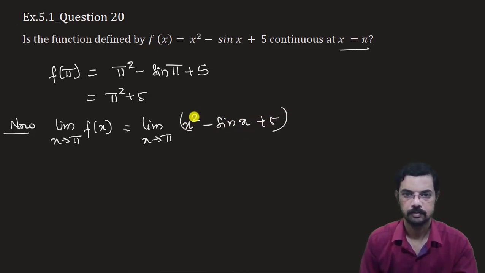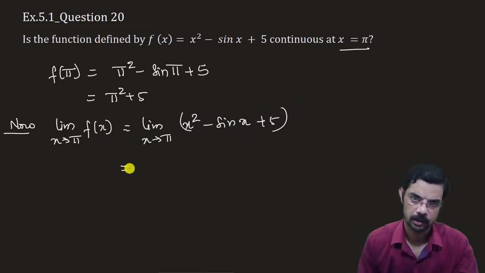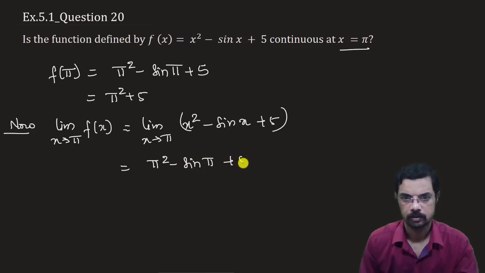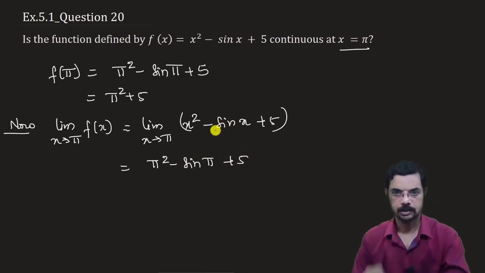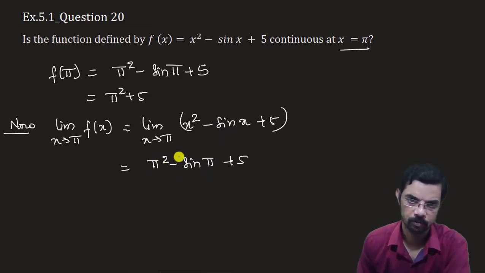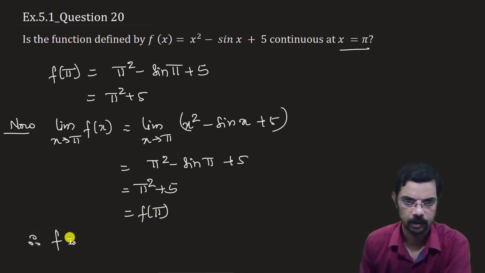Putting the same function, we get pi square minus sin pi plus 5, and we know that sin pi is 0, so that is equal to pi square plus 5. Here we see that it is equal to f of pi. Therefore, f is continuous at x equal to pi.